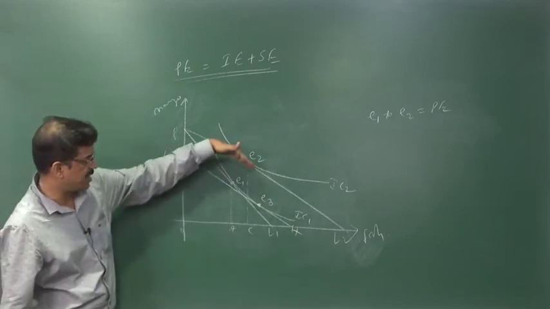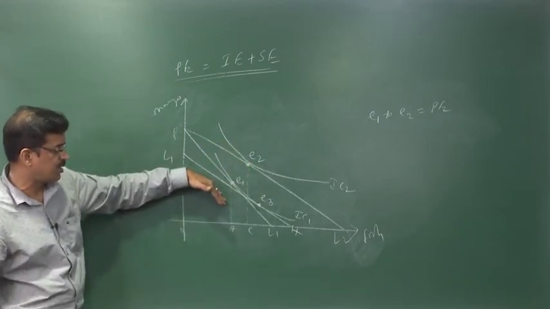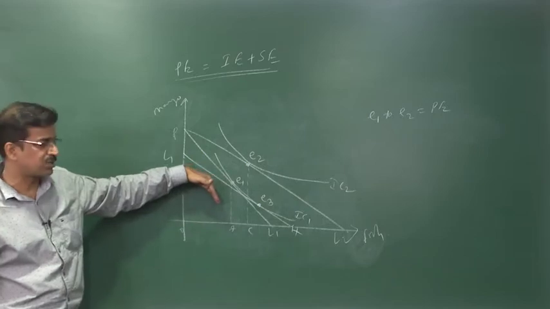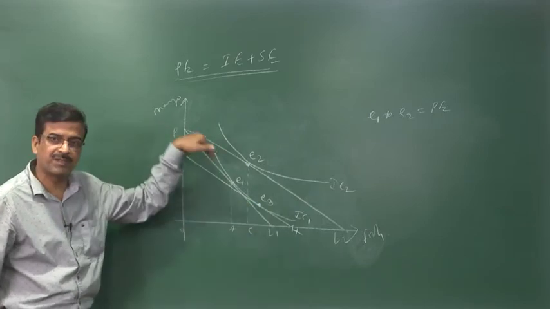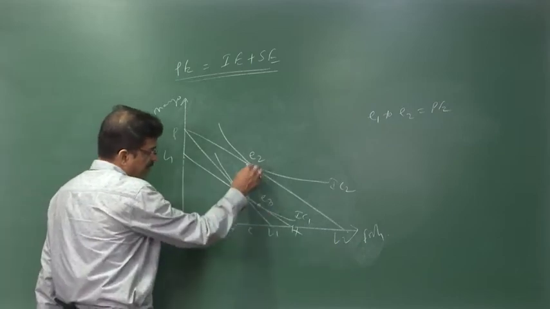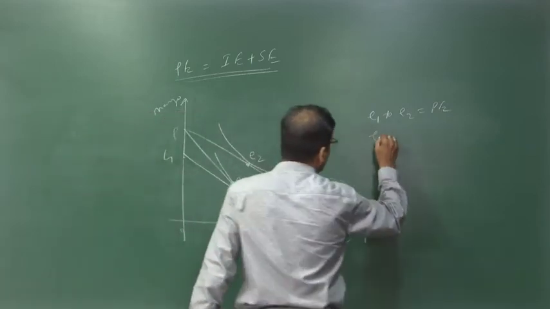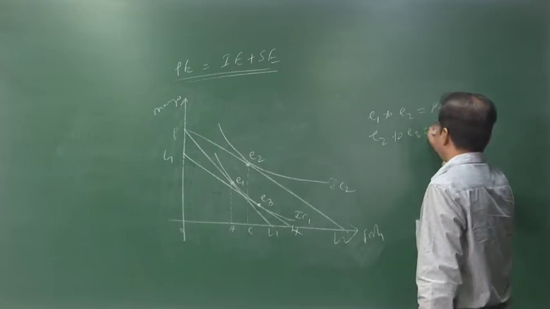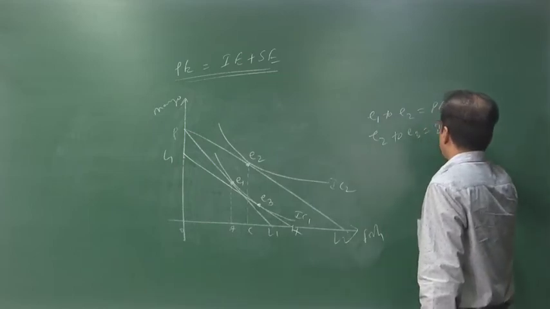But the increased real income is withdrawn from the consumer, so as to compensate, when they drag the consumer to the old indifference curve. That means the movement from E2 to E3, that is your income effect.